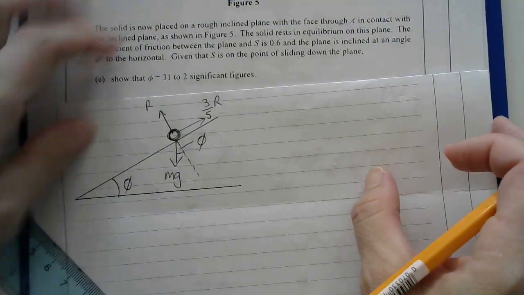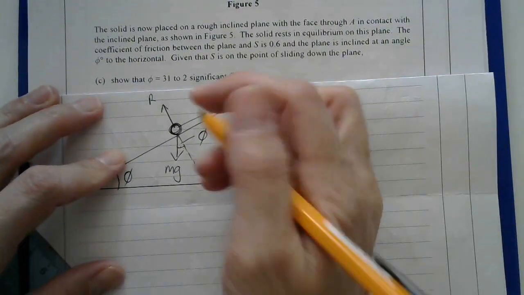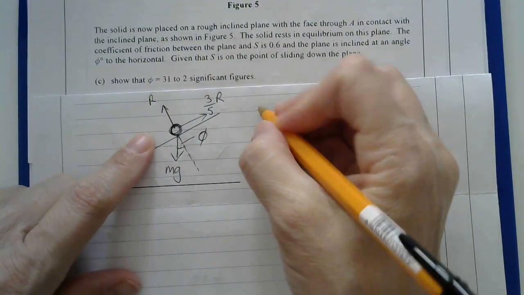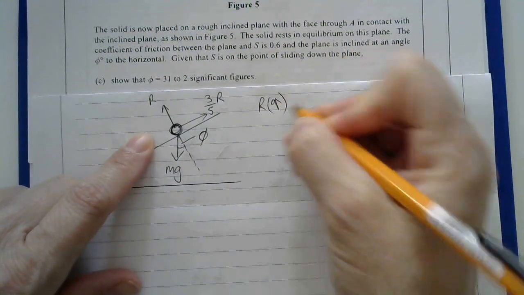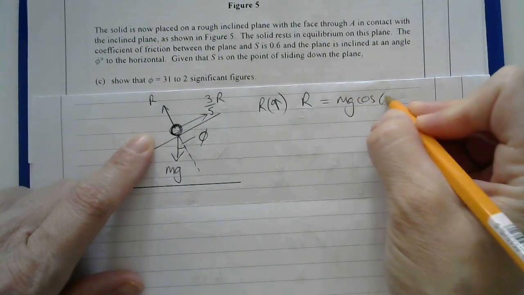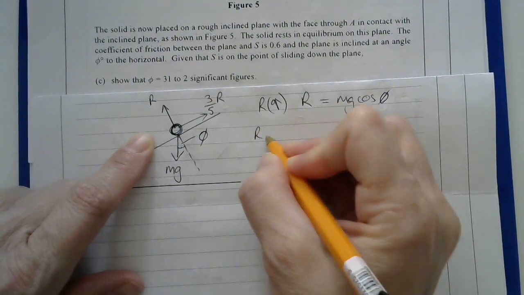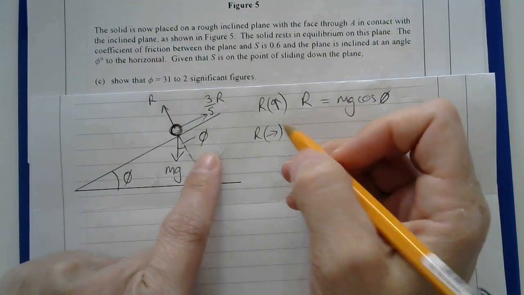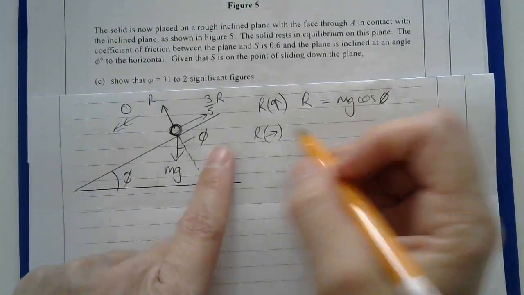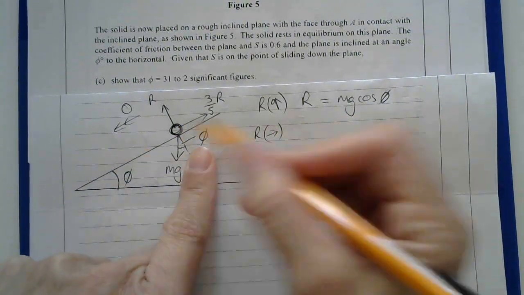So now if I resolve in this direction, then I get that R is equal to mg cos phi. If I resolve parallel to the plane, well, it's not accelerating, it's about to, but it's not. So I have the forces up equal forces down the plane.